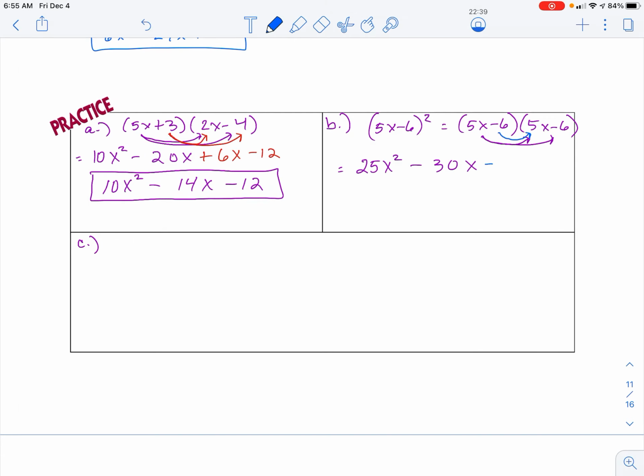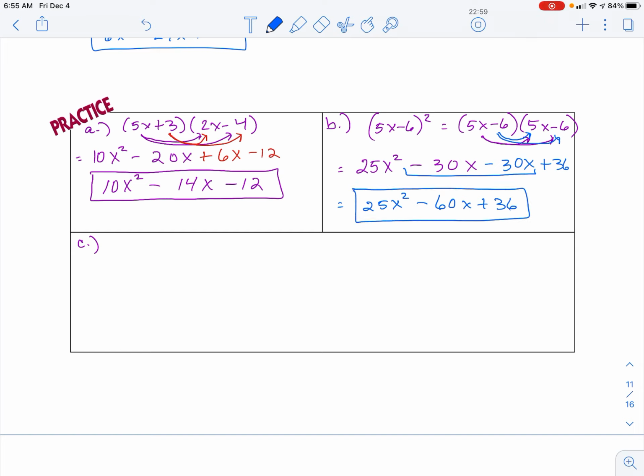Negative 6 times 5x is minus 30x. And negative 6 times negative 6 is a positive 36. I have two x terms here that I need to put together. So I have 25x squared minus 60x plus 36. That is the answer to letter B.